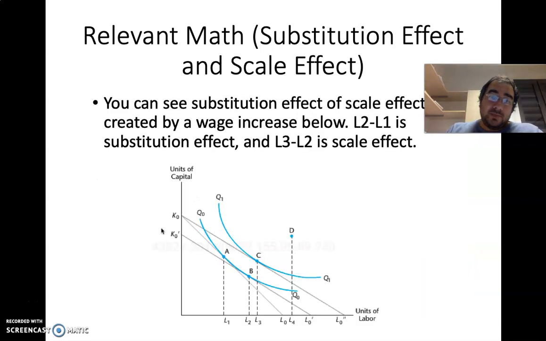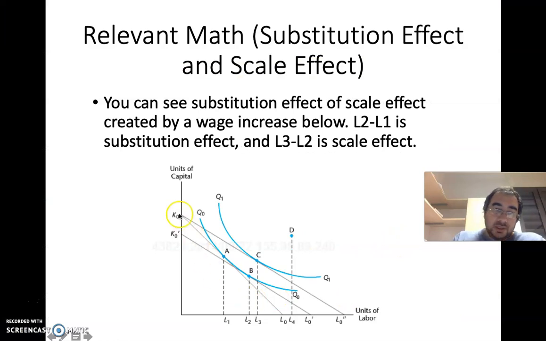And you can see here. So this is the old curve, K0, L0. No, this is the old curve, I'm sorry. Well, this is the case when the wage falls.